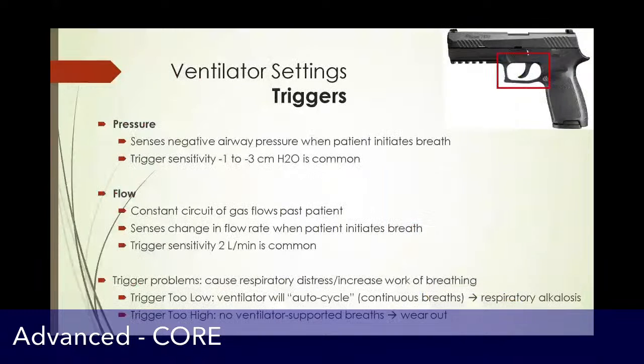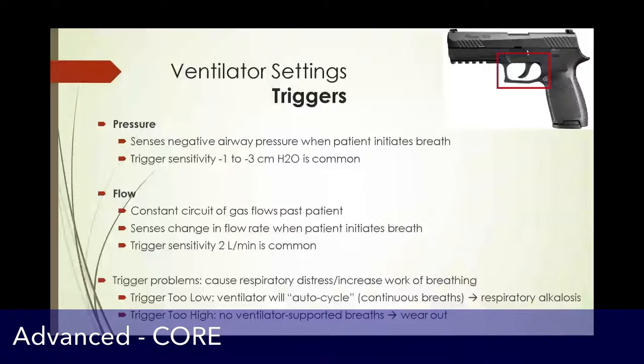So the next ventilator setting is a trigger, as talked about earlier. There are 2 main types of triggers. One is a pressure trigger. That's when the patient takes a breath in; depending on your trigger sensitivity, normal is -1 to -3 centimeters of water.